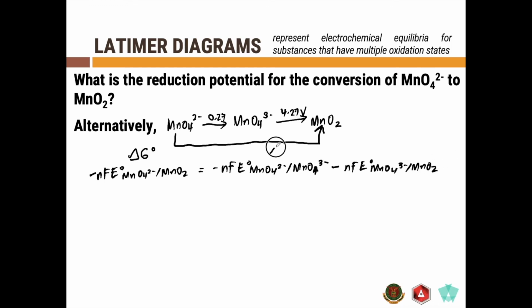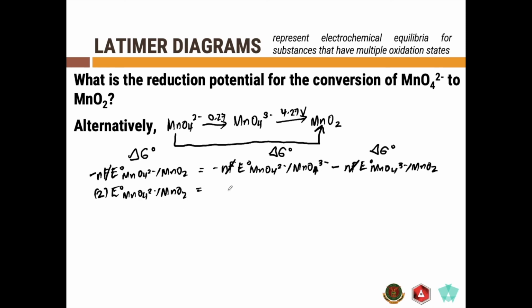So this is delta G as well. And then this whole term here is also delta G. So in essence, we're just adding the delta G's just like what we did previously. So you have your n values as the number of electrons involved. So this one is 2. And then your F will cancel out, same with your negative sign. So you have 2 times E of your MnO4 2 minus to MnO2.